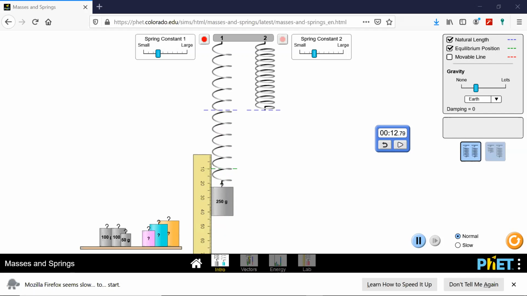And what are the units of the spring constant? The units of the spring constant. You see, from the formula, Hooke's law, force equals spring constant times the displacement.